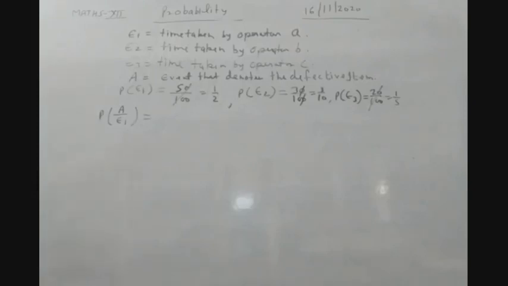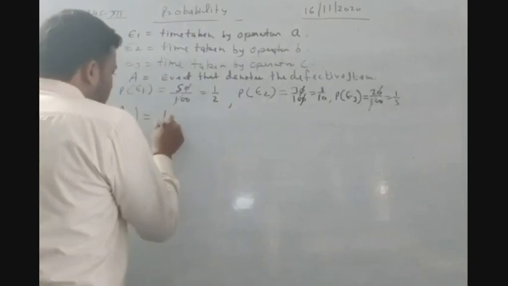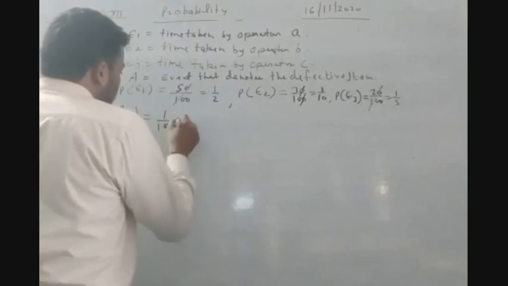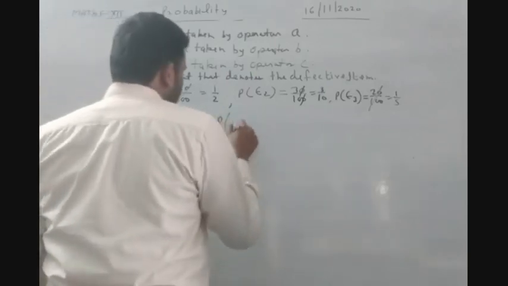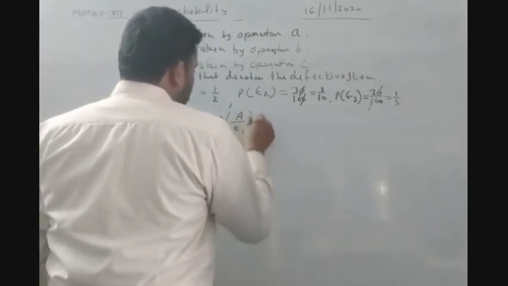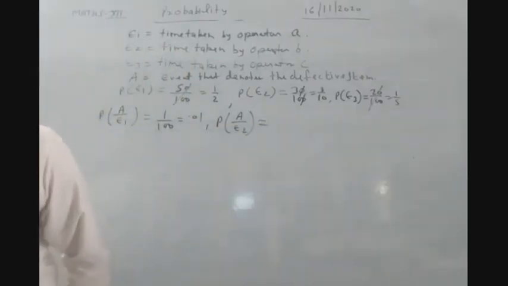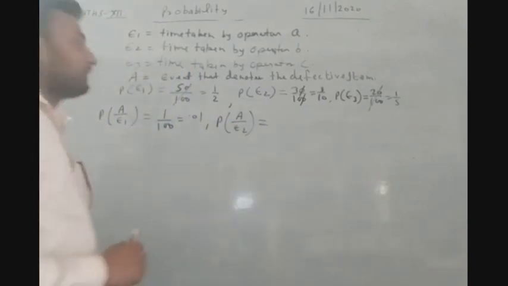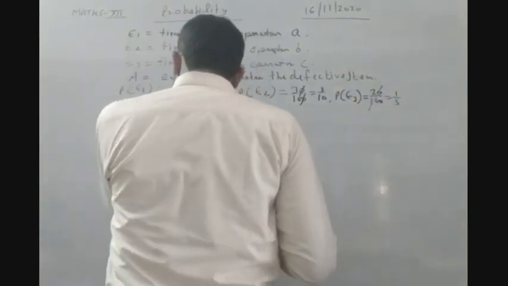Okay, so probability of A by E1 is 1%, meaning 1 by 100, that is 0.01, and probability of A by E2 means B produced 5% defective items. So we write 5 by 100.